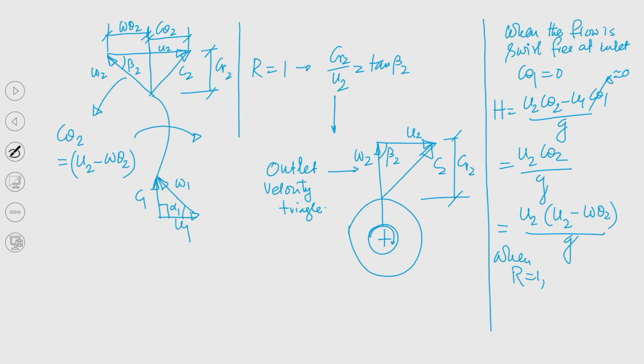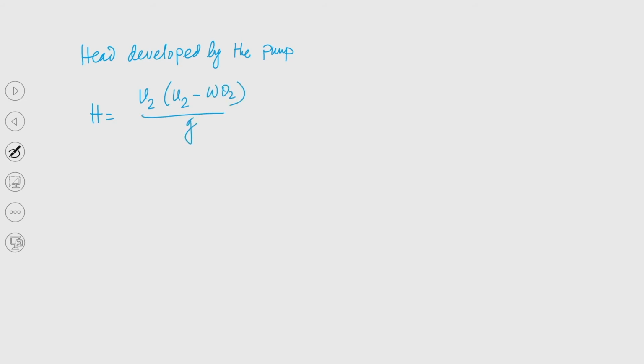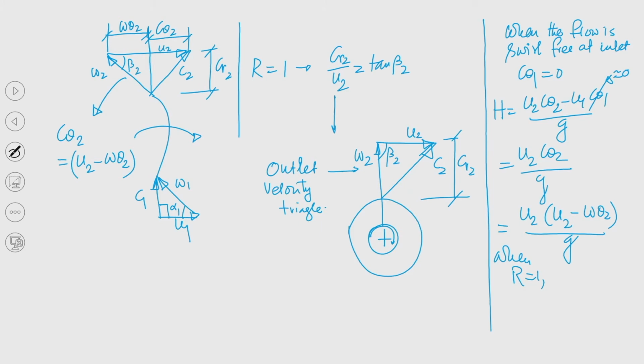Okay. So, when R equal to 1, then head developed by the pump H equal to U 2 into U 2 minus W theta 2 divided by G. So, this is the generic expression I am writing.